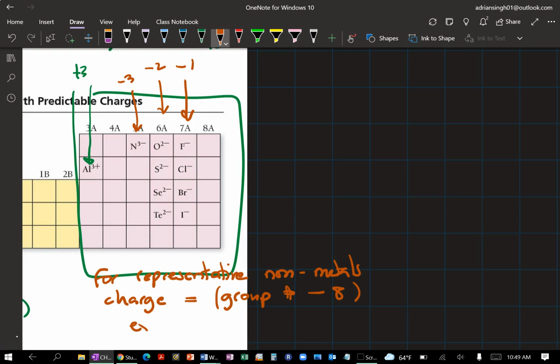So for example, if I look up nitrogen, nitrogen is in group 5. So 5 minus 8 gives me -3 as the charge. So when nitrogen forms an ion, it's a -3 charge on it. And it's that simple. These are quick ways by which we can do this. And again, we're using the periodic table to help us figure that out.